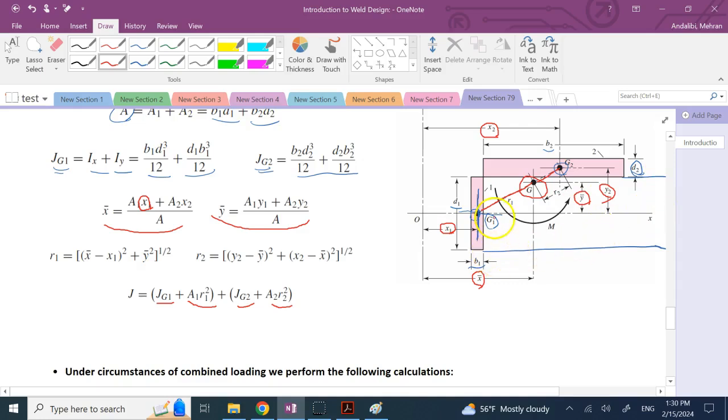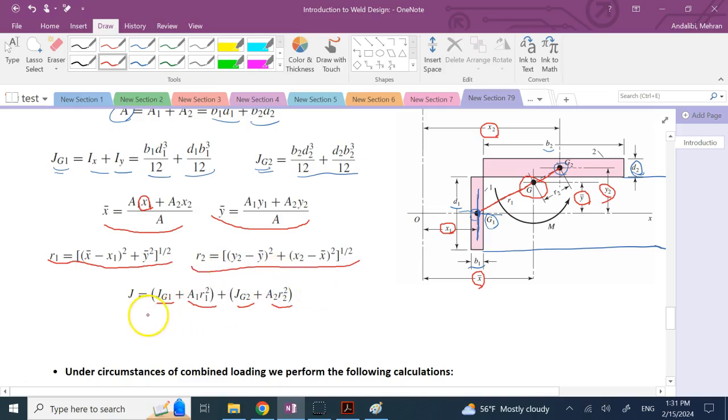Okay, yeah? So with those, you calculate X bar and Y bar, and then you find the distance of the point X bar, Y bar to the point X1, Y1, or X2 and Y2, and you get what? You get these distances, right?